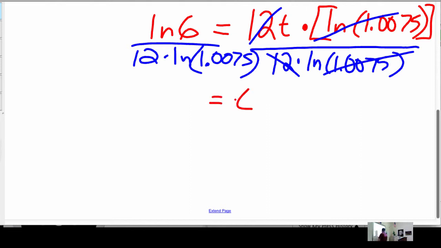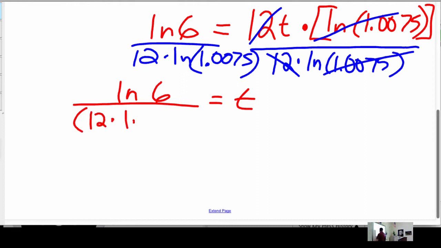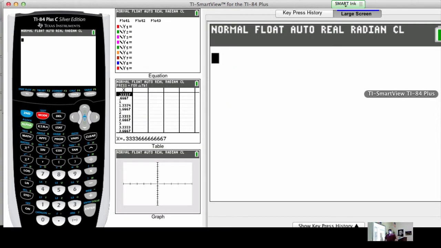So t is equal to the natural log of 6 all over, in parentheses, 12 times the natural log of 1.0075. Now, you don't realize this, but everything on the right-hand side of the equal sign is a number. I just have to plug that in the calculator. I've got a number over a number, I'll have a number, and that'll tell me how many years.